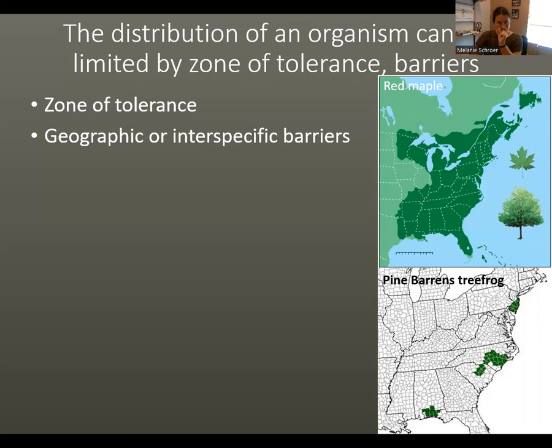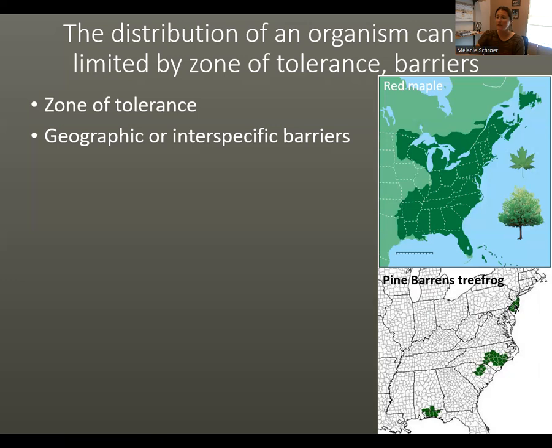They are pretty tiny, and so it's difficult for them to cross barriers like roads, right? Like housing developments, like a lot of different anthropogenic barriers that are put into place.